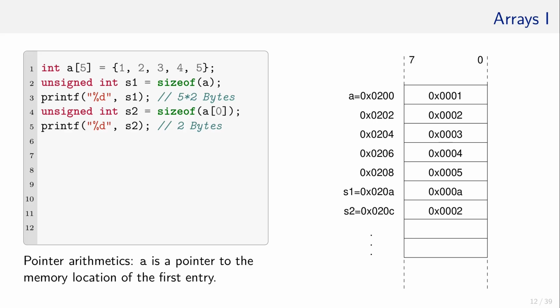In the memory, the array is a sequence of the values consecutively stored in RAM. Here, the first element, the integer 1, is stored at address 200 in hexadecimal format. At the next memory location, the 2 is stored. But why does the memory address increment by 2 here in this example?